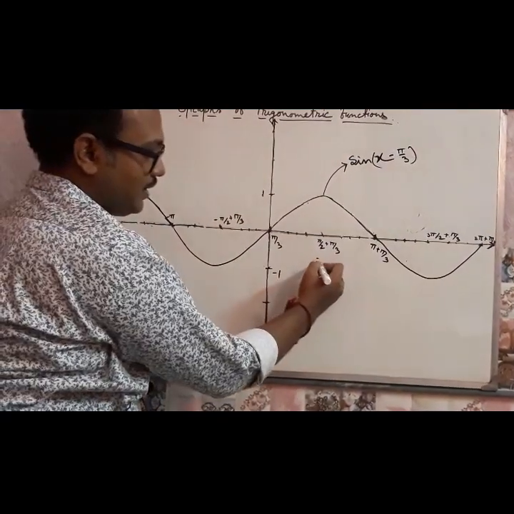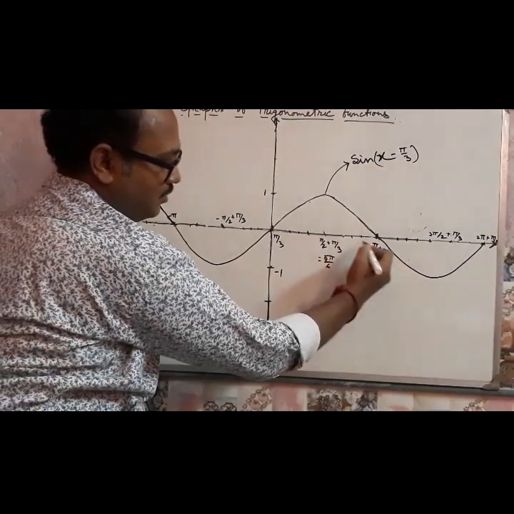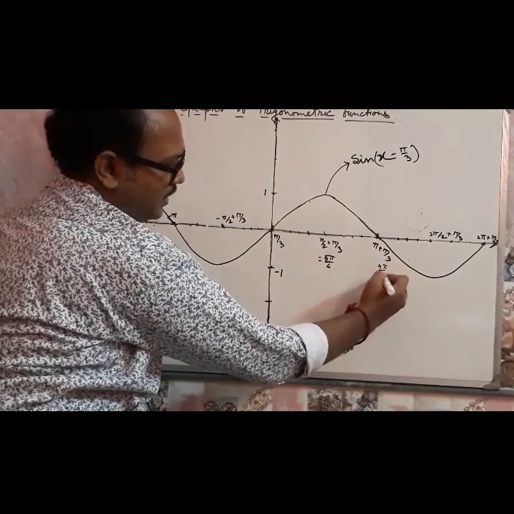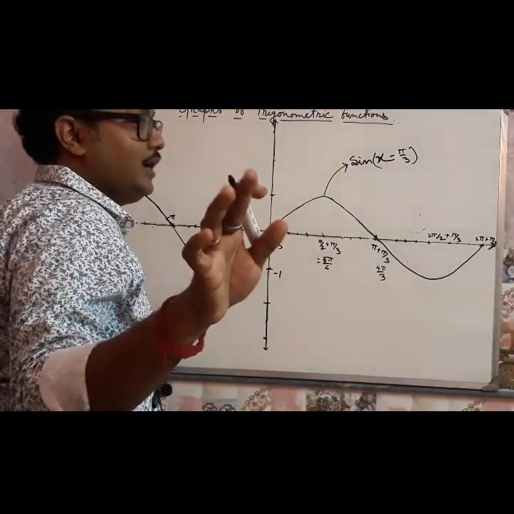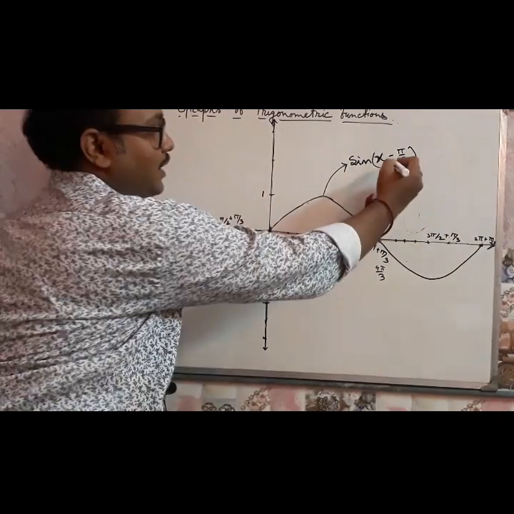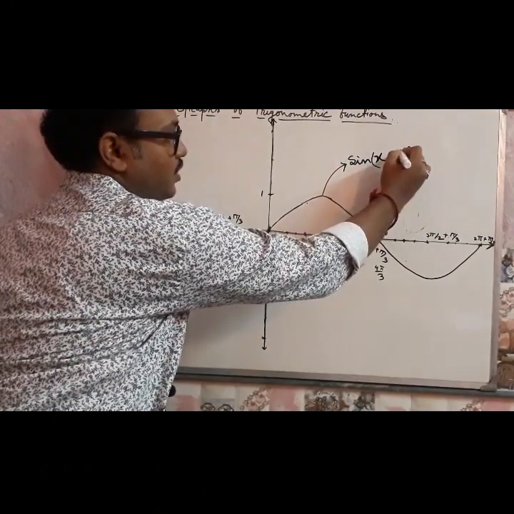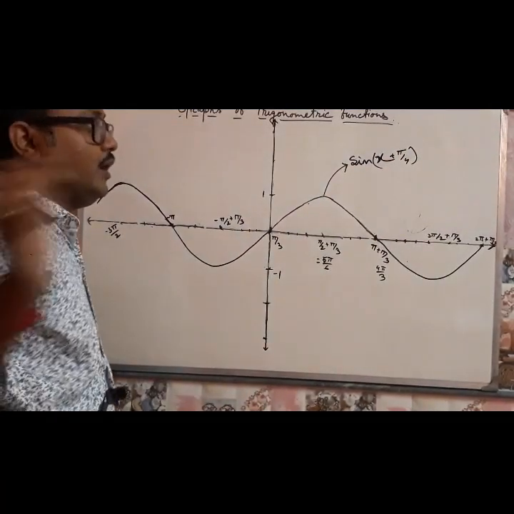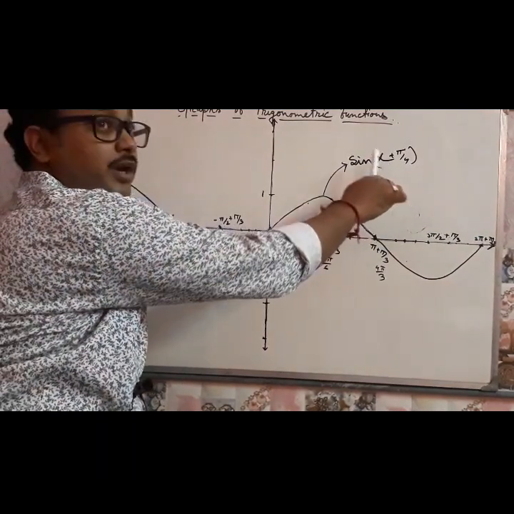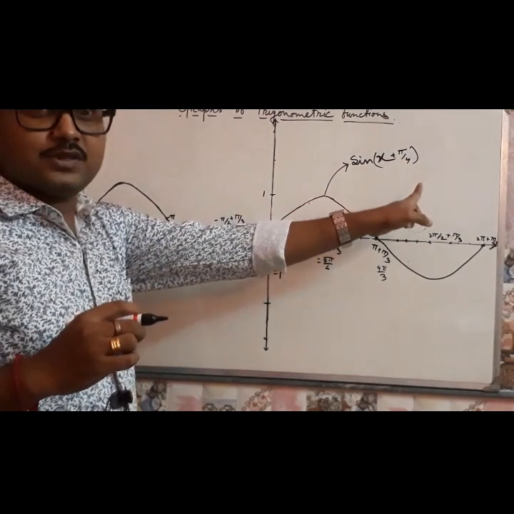Then what will happen here? It will be 5 pi by 6, it will be 4 pi by 3 and so on. If it is suppose x plus pi by 4, then what will happen? Again see, for x equal to minus pi by 4, it will become 0.